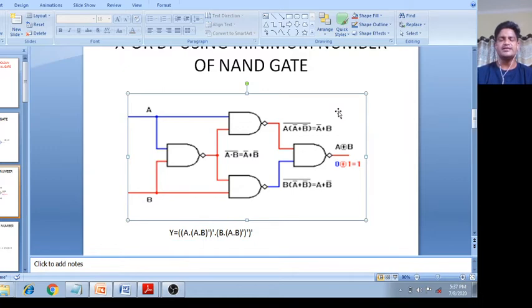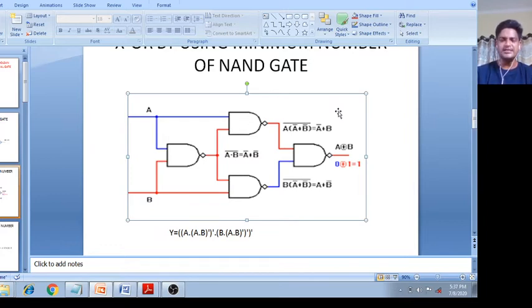You know what is the IC of NAND gate? NAND gate IC is 7400. Suppose you have to implement in lab XOR gate by using NAND gate. In the earlier case you required 5 NAND gates, means 2 ICs. You know, in one IC there are 4 NAND gates.